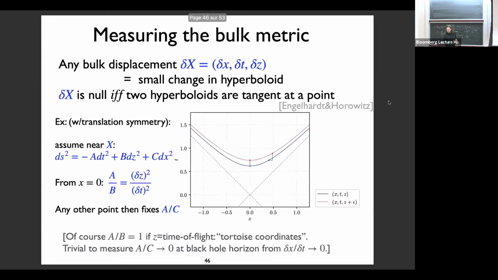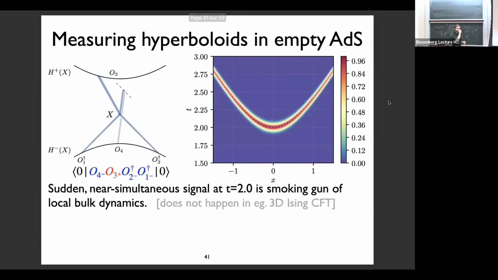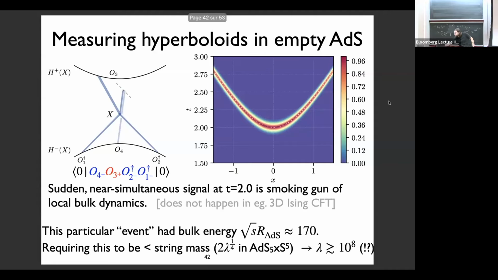I don't have enough time to spend on this, but I discussed such curves in an earlier paper two years ago. If you try to make such a curve in a theory where, for example, the coupling is smaller, so that you move in the moduli space and the theory becomes less holographic, the higher spin gap becomes small. What will happen is that this picture will get blurred. And why does it matter?